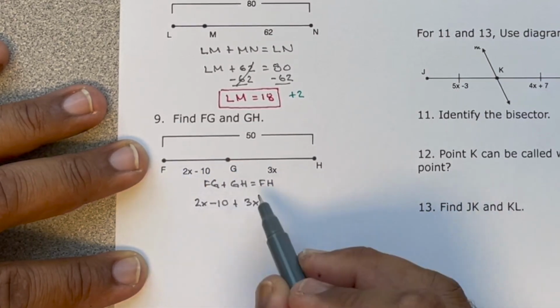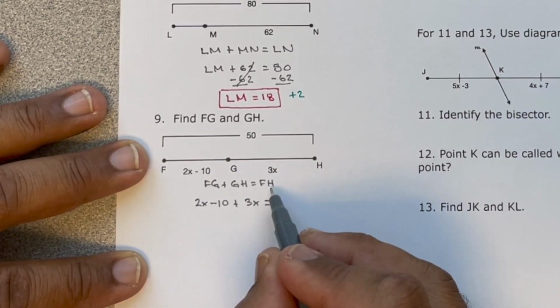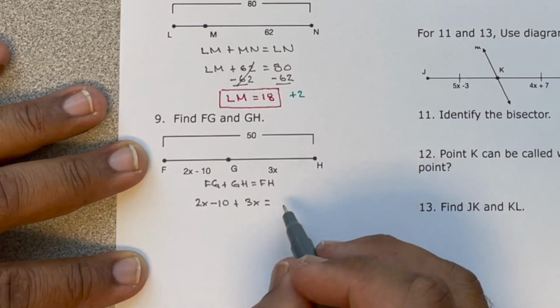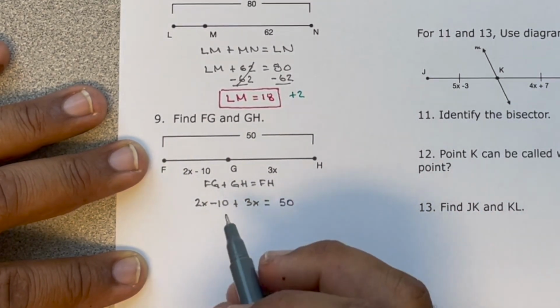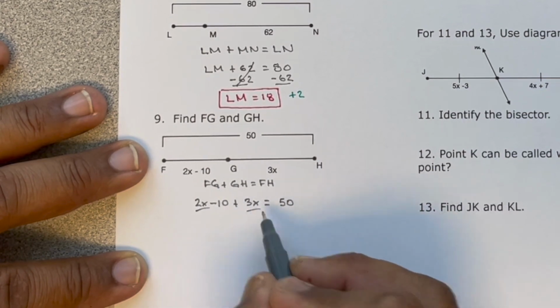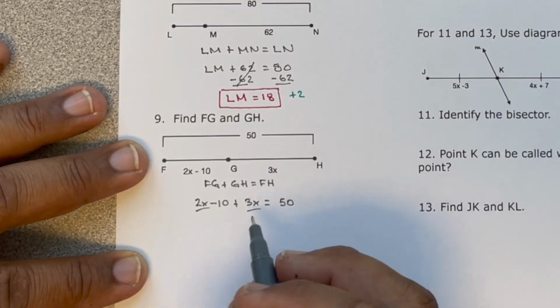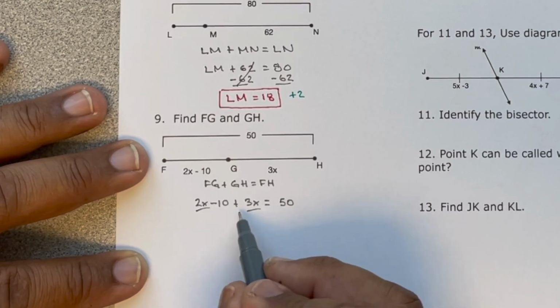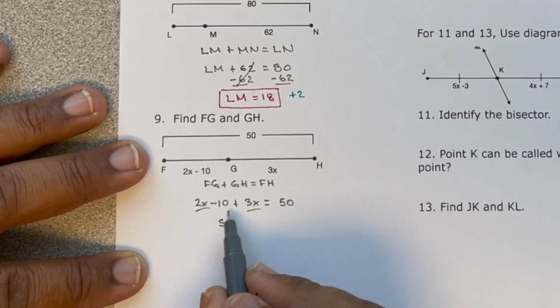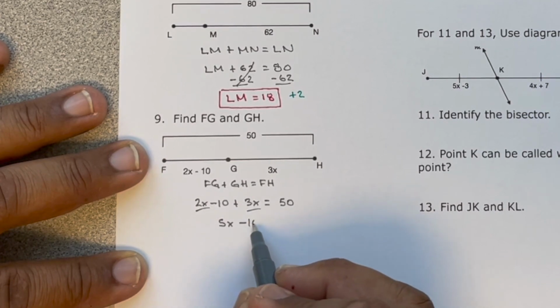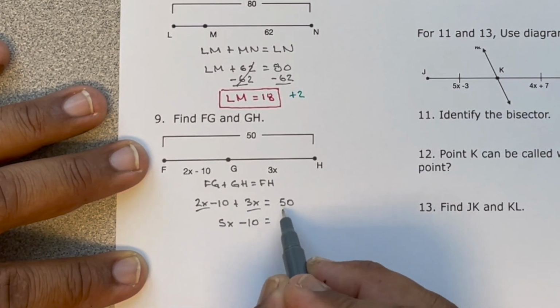The whole thing equals FH, which is 50. Now I want to get my x's together, or like terms. So combining them, I get 2x plus 3x is 5x. I still have this minus 10, so I'm going to bring that down, equals 50.